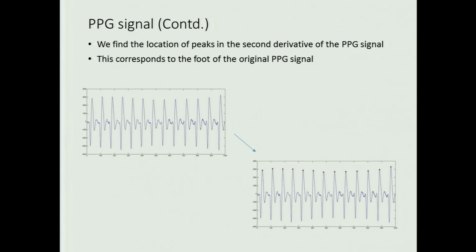Then we find the location of the peaks in the second derivative of the PPG signal. This corresponds to the foot of the original PPG signal. Why second derivative? dx over dt, d square x over dt square will give you the maximum, correct?